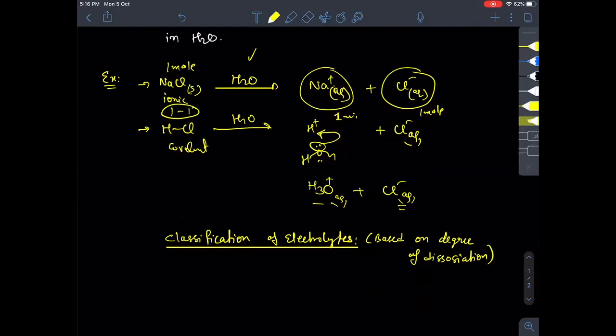So degree of dissociation will be 1. How do we define alpha? How many moles consumed or broken into ions divided by how many moles we took at the beginning. Alpha 1 means 100% ionization or dissociation depending on the molecule.